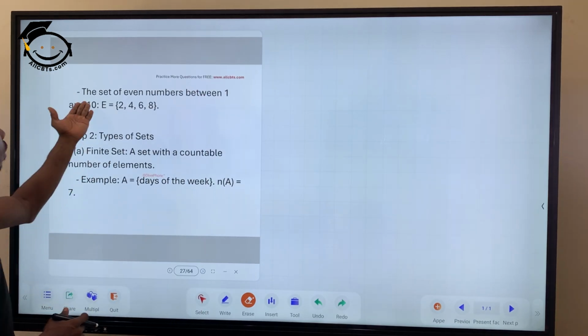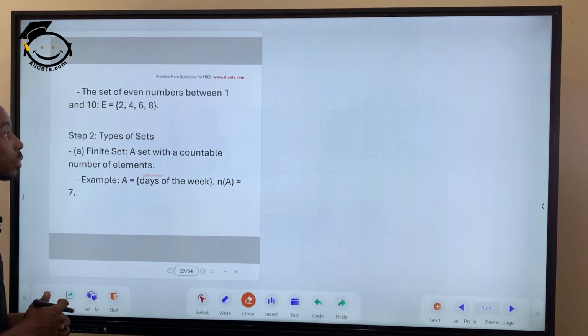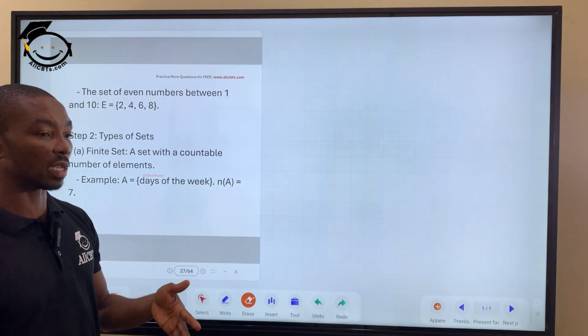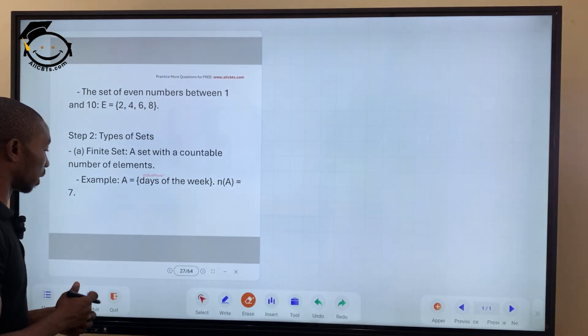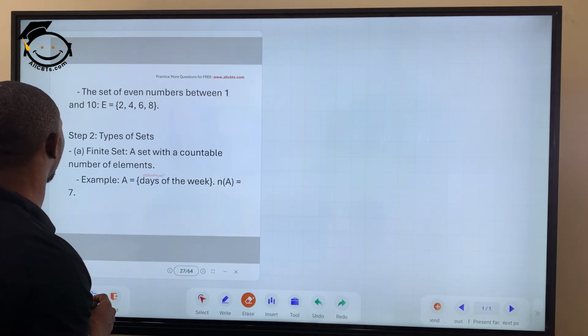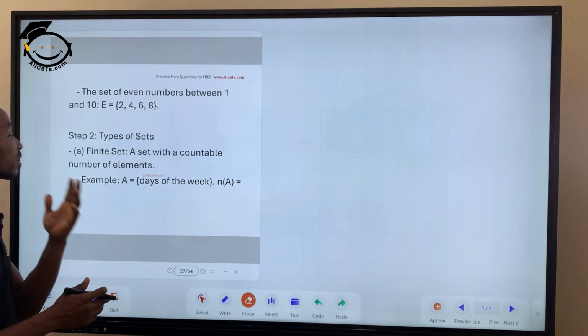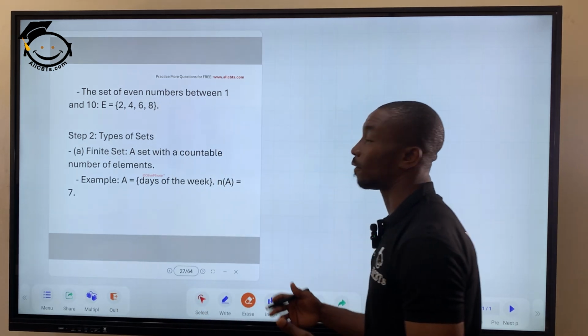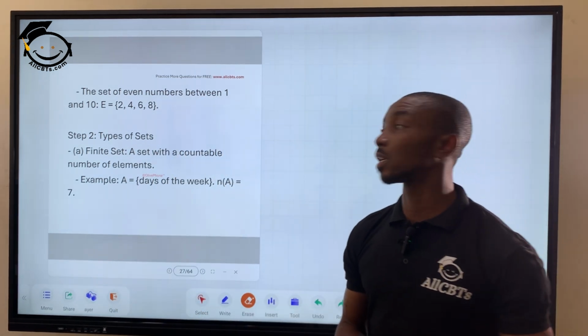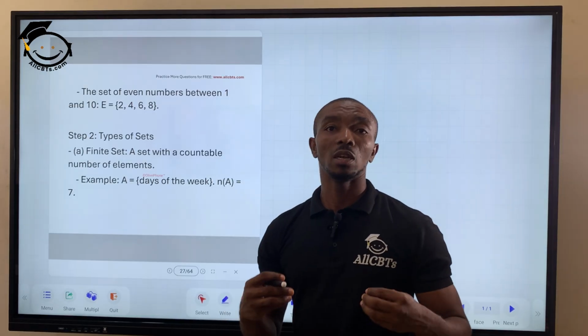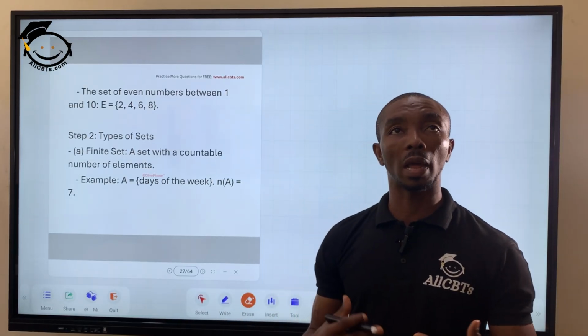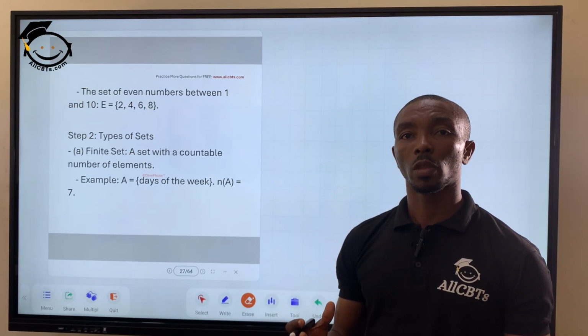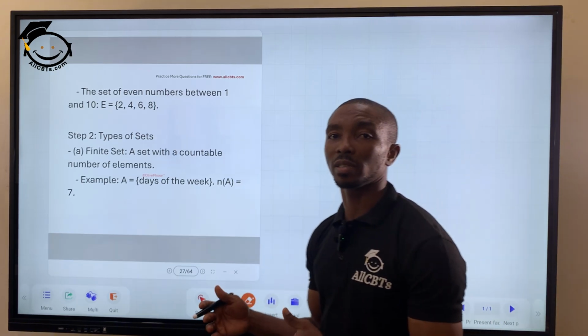Now, we can even look at the set of numbers between 1 to 10, both even or odd numbers. Next, there are different types of sets. Types of set. When we talk about a finite set, it is a set that has countable elements. Yes, the elements of the set are countable.